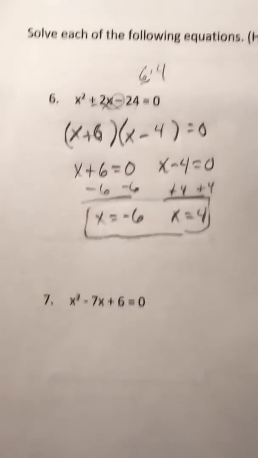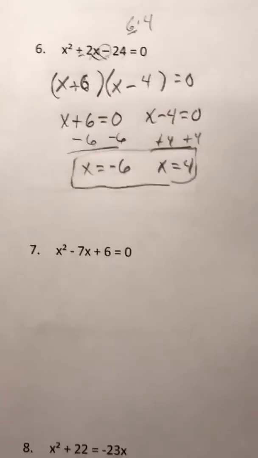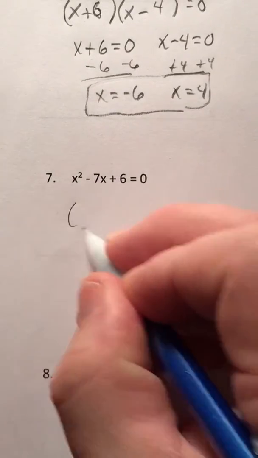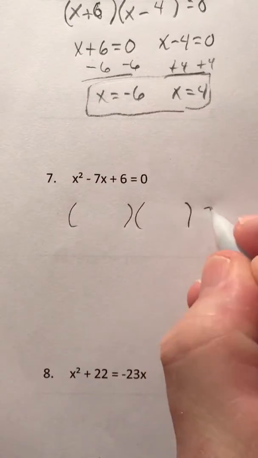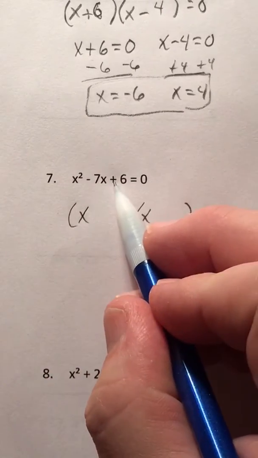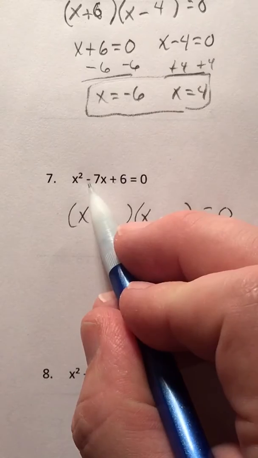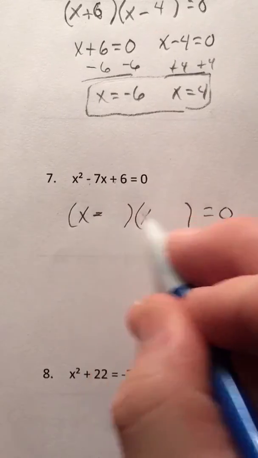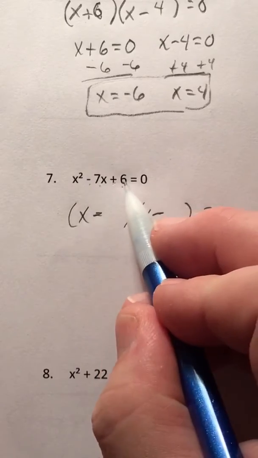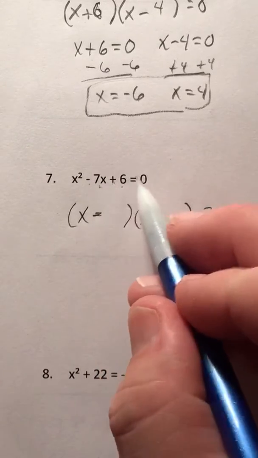All right, next one. Again, no leading coefficient. So right away, we go to two sets of parentheses, equals 0, x is in the front. Last sign's a plus sign, so signs are the same, and the middle sign's minus, so they're both minus signs. We need factors of 6 that add up to 7, and that would be 6 and 1.